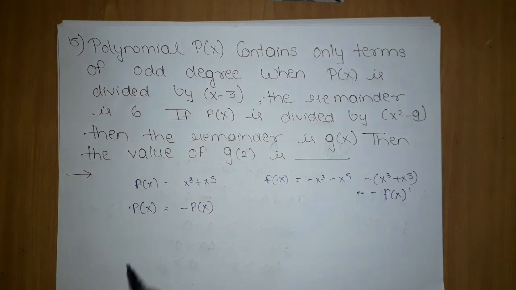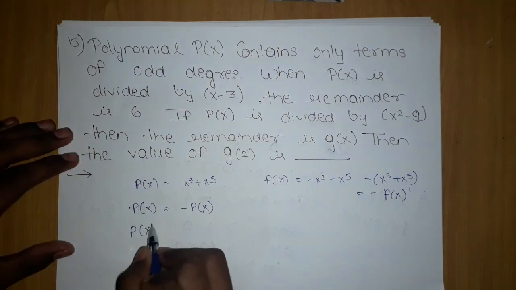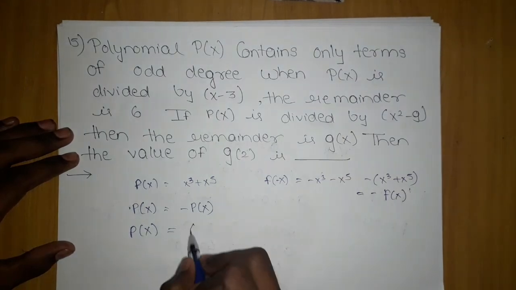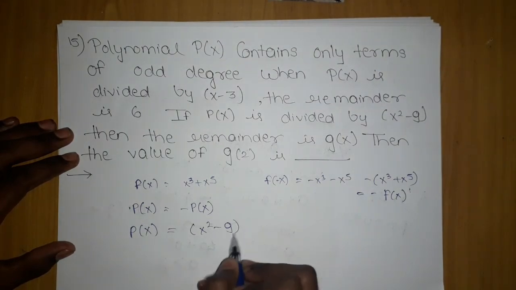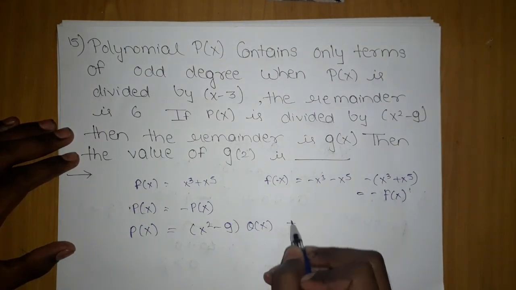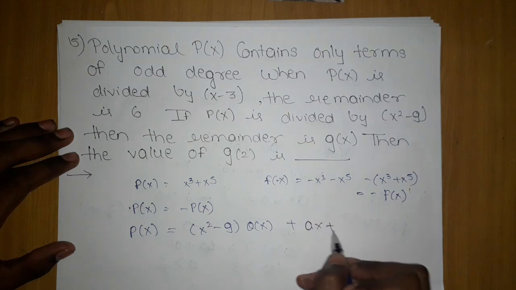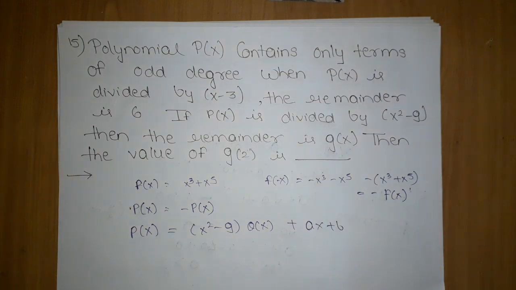Okay, so now let's write it in this format. P of x is equal to (x square minus 9) into q of x, and let me consider the remainder ax plus b, which we mostly do for a quadratic divisor. We can call any remainder in the format ax plus b.